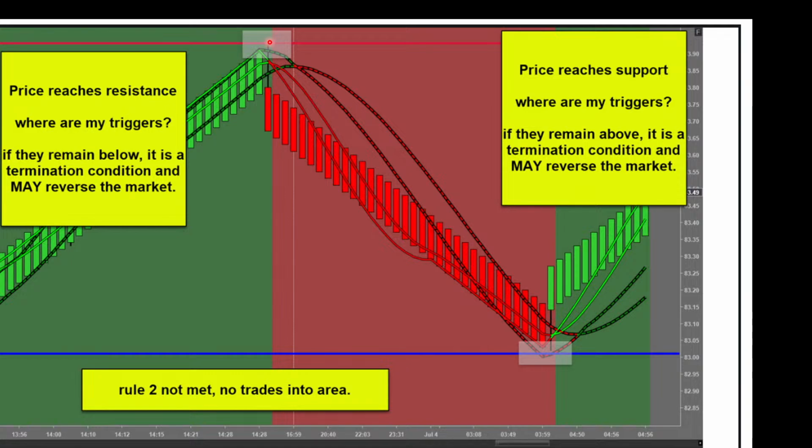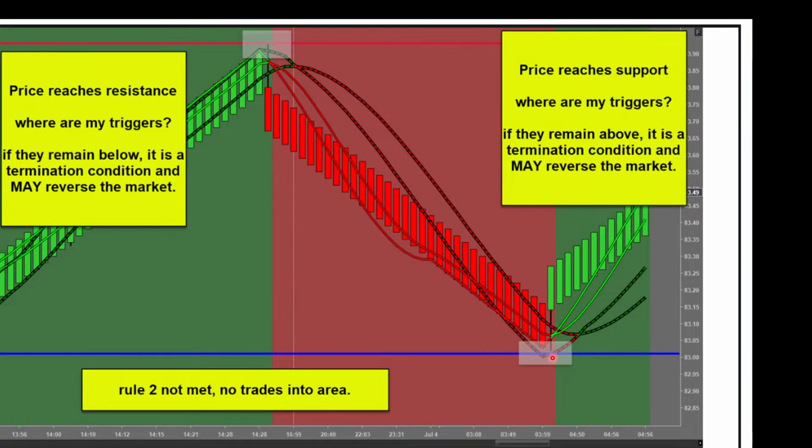So we're going to let price, those dynamic Renko bars, reach the area. That's what sets off the decision-making process. So the first piece of the puzzle to defining a termination condition is allow price to reach the area. Allow price to reach resistance. Allow those price bars to reach support.